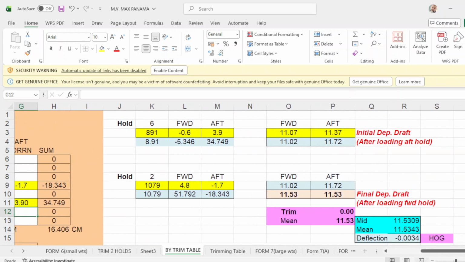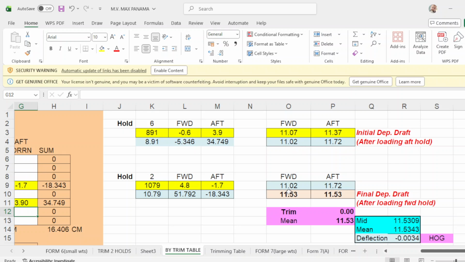Since we are going to load first in number 6 for a good trim, you load 891. After completion of 891, your initial drop will be forward 11.02, aft 11.72.